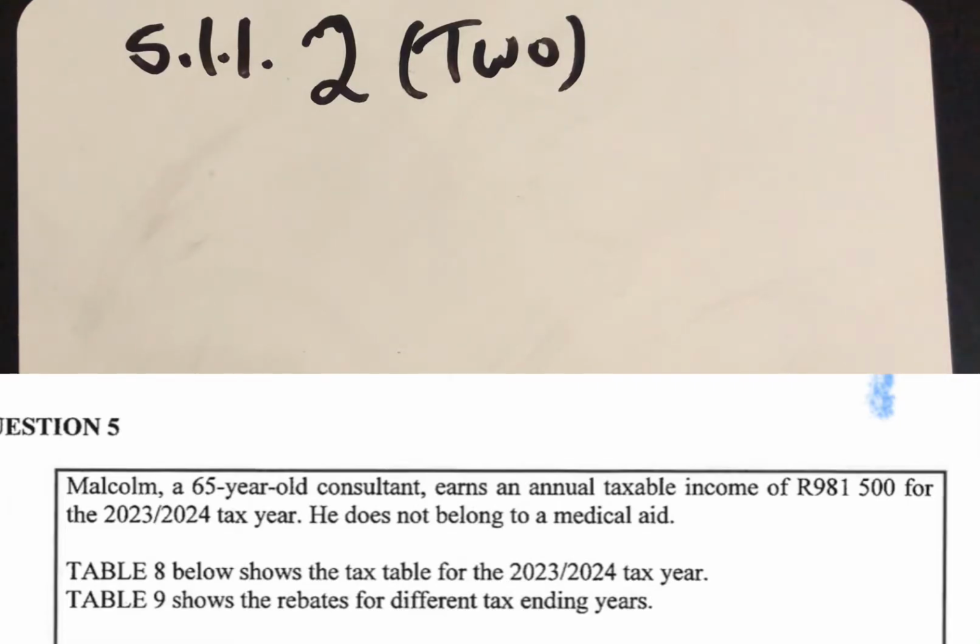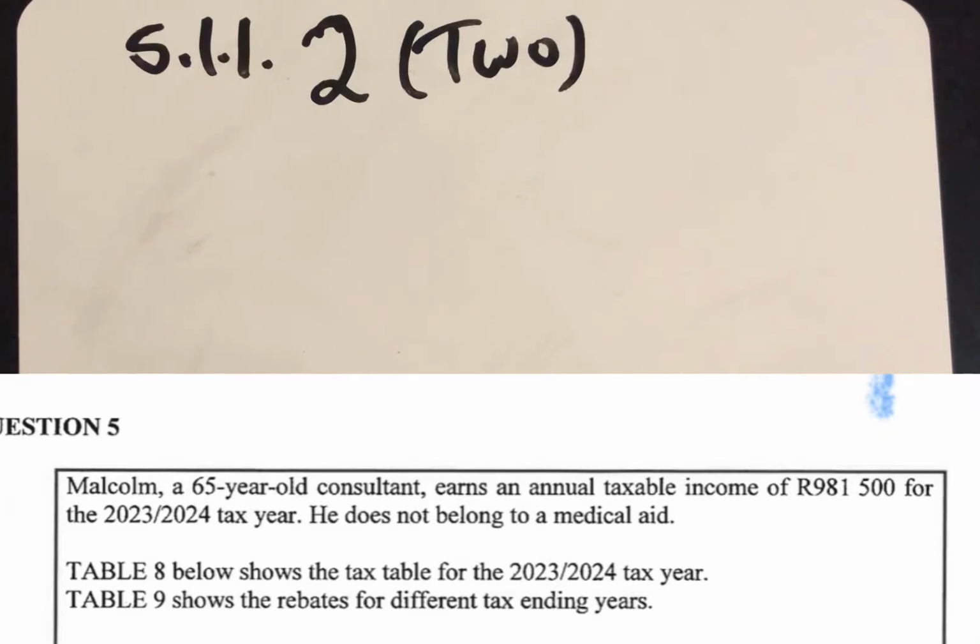Because the amount that is given here is a taxable amount, we don't have to subtract pension fund, UIF or donation. You are just going to use that amount to determine the bracket that this person falls in.